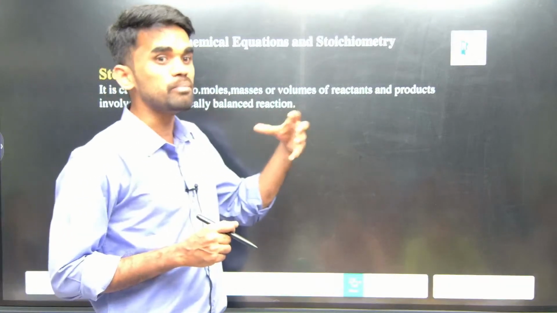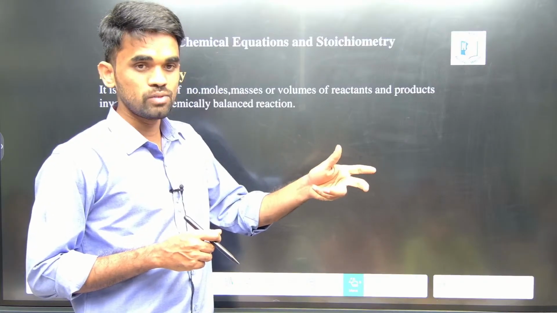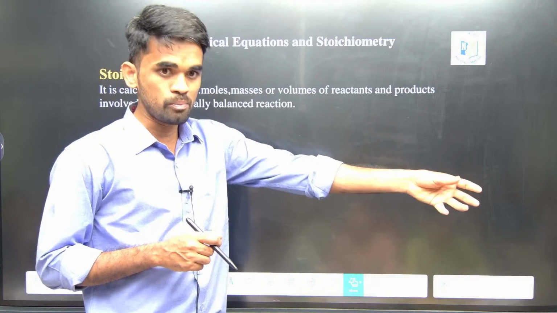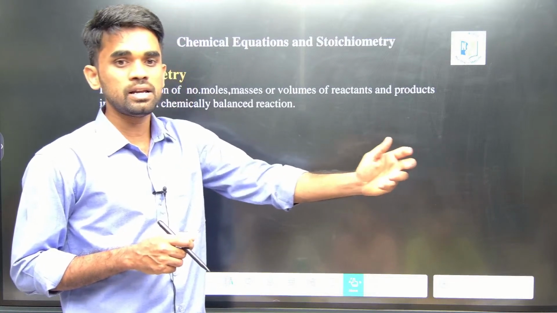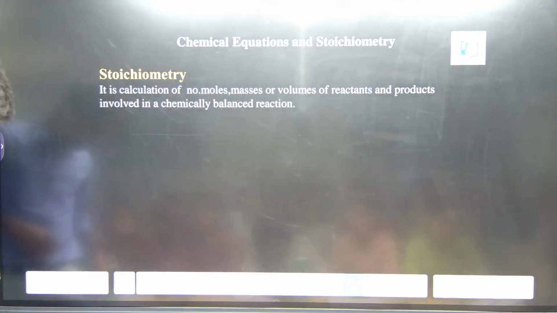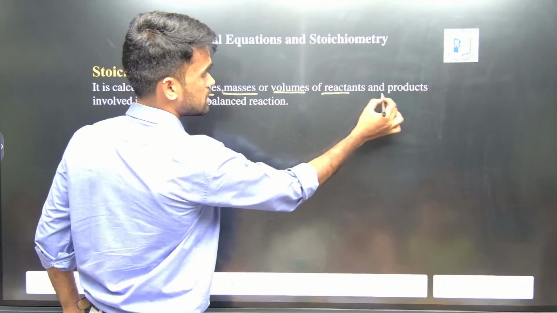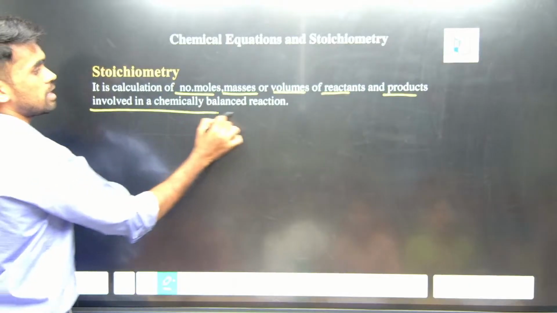Metry means measure of elements. We are measuring the quantity of compounds formed during a chemical reaction. It is the calculation of moles, masses, volumes of reactants and products involved in a chemically balanced equation.